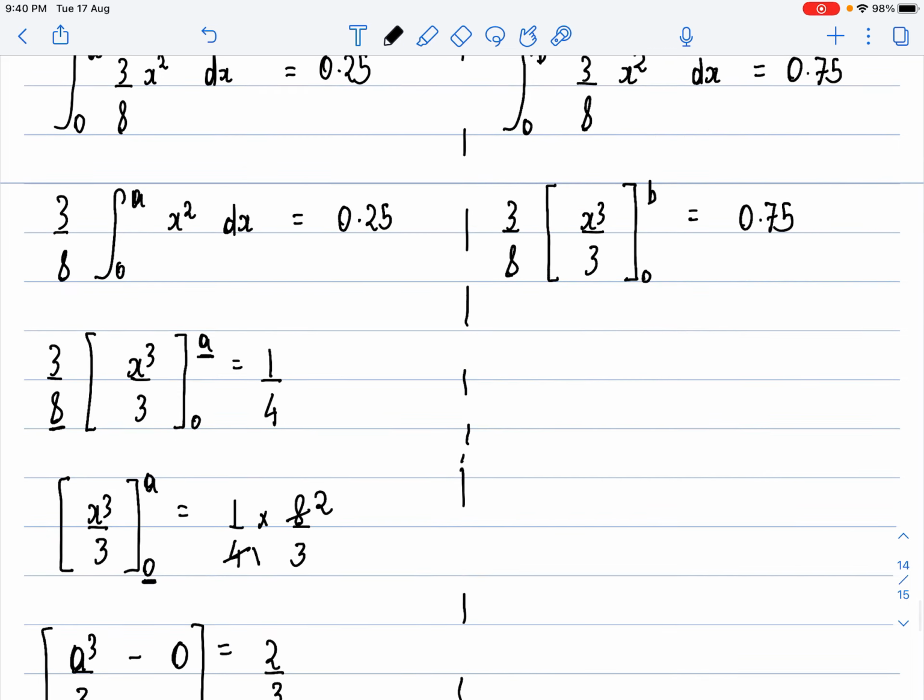Now you can write this as 3/8, and in the place of x you first put b. So you get b cubed over 3 minus 0, when you put 0, which is equal to 0.75, which is 3/4.